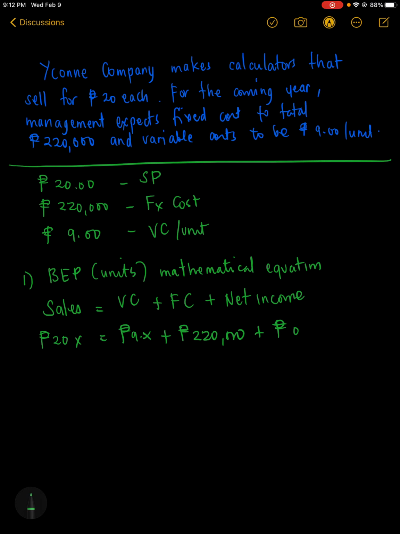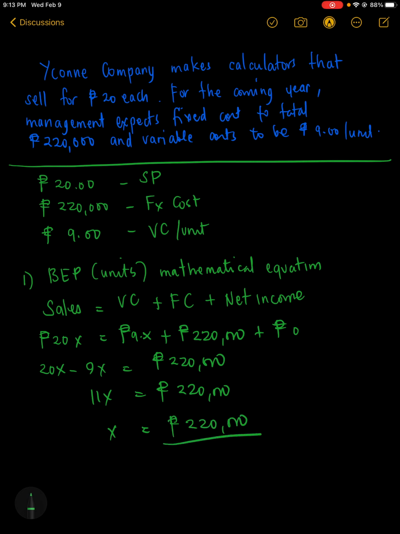Okay, and then we do our math. So, here, that's 20x minus 9x is equal to 220,000. And then we have here 11x is equal to 220,000. And therefore, x is how much? 220,000 divided by 11, which is 20,000 units.